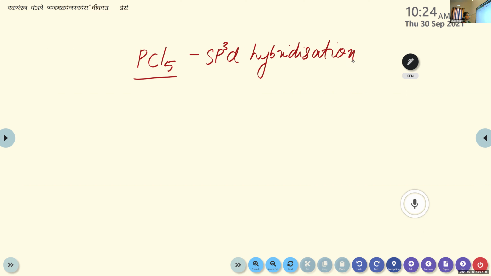Can you tell me, children, which is the central atom in this PCl5? P. P for? Phosphorus, right? And its atomic number is 15. So first we can write the ground state electronic configuration of phosphorus.